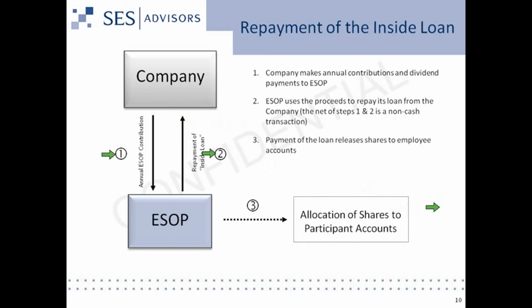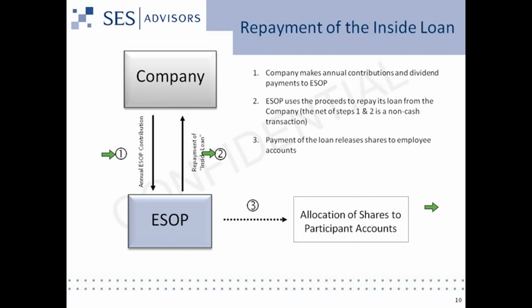As the inside loan gets repaid, a pro rata portion of those shares in the ESOP suspense account gets allocated out of the ESOP suspense account into the ESOP accounts of individual participants. And if that loan repayment is over 20 years, then it takes 20 years for those shares to get allocated.